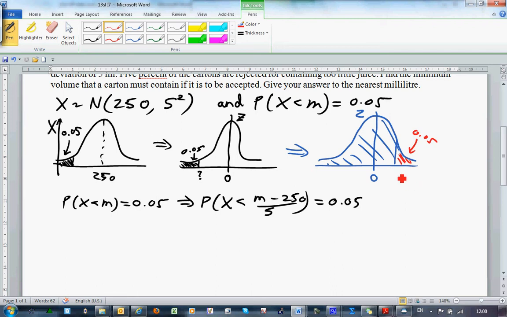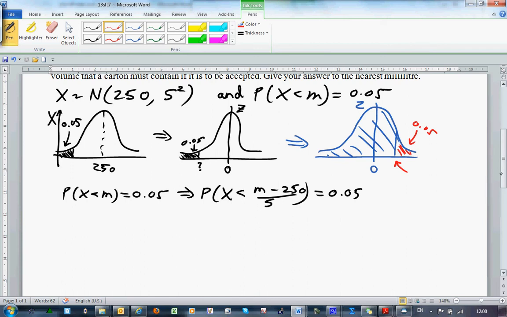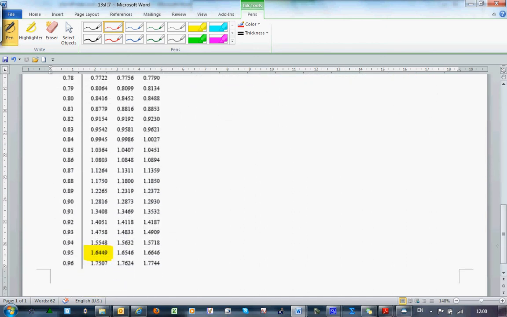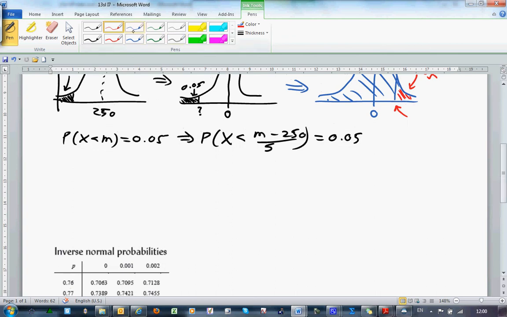Okay, so if we look at 0.95 instead of 0.05, you'll see on your tables that that gives a value of 1.6449. So we've got 1.6449 from the table.